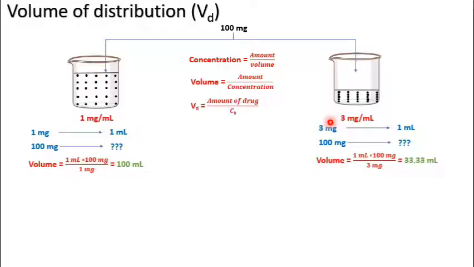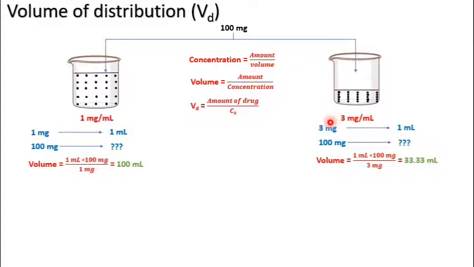And by dividing the amount of the drug we gave by the concentration in plasma, which we measured shortly after giving the drug, we can calculate the volume of distribution.